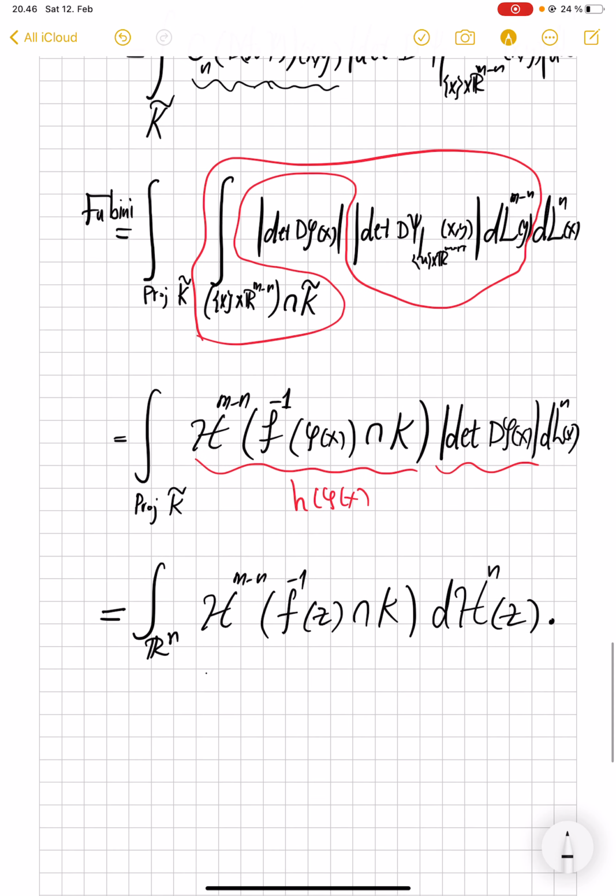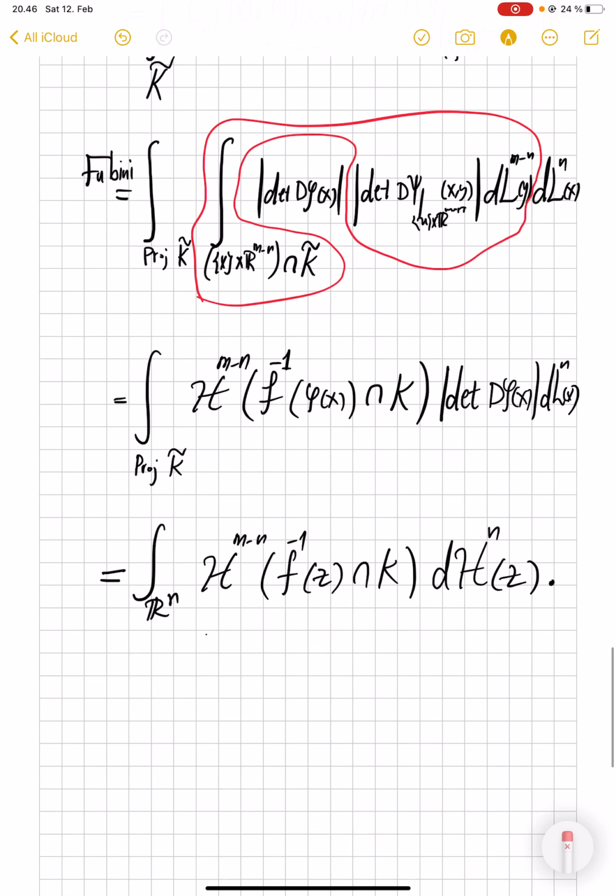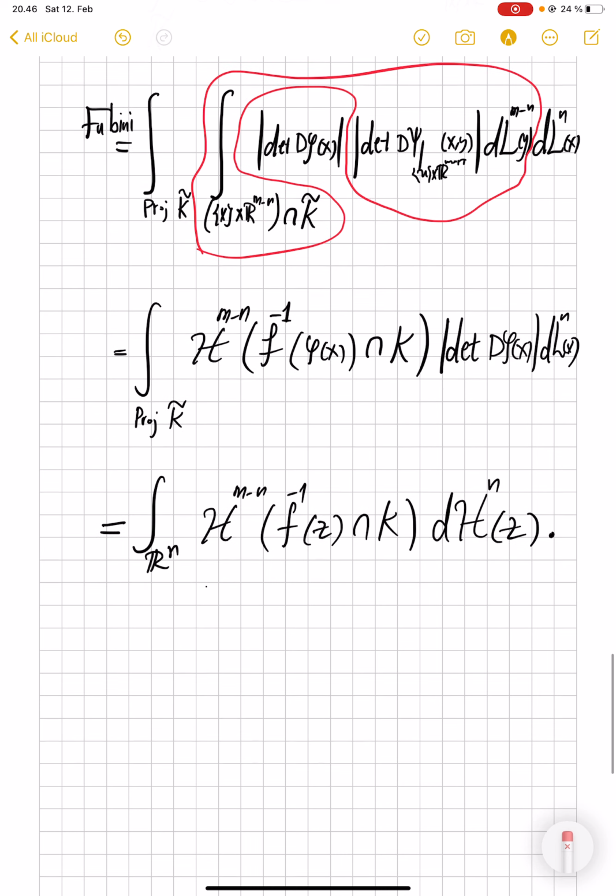The vertical fibers, via psi, parameterize the original fibers. So integrating that determinant of the vertical map gave us the measure of the fiber. That's this quantity here. And then another application of change of variables in integration landed us here.